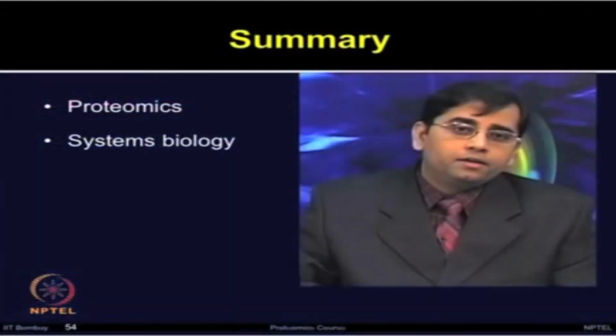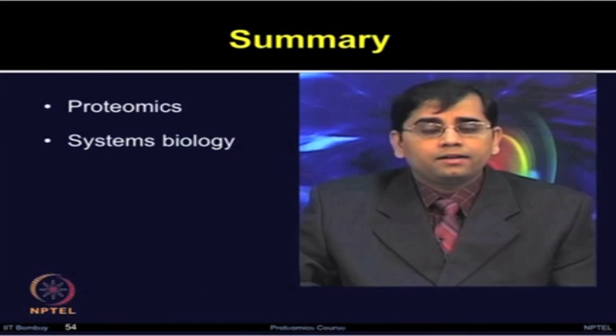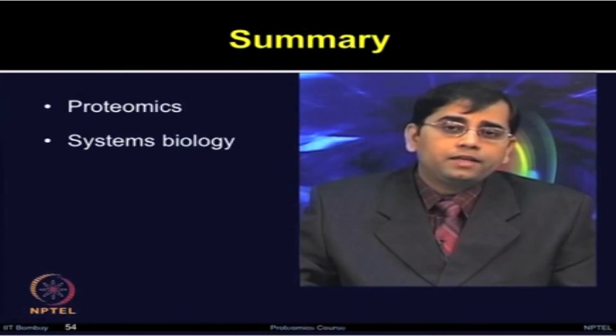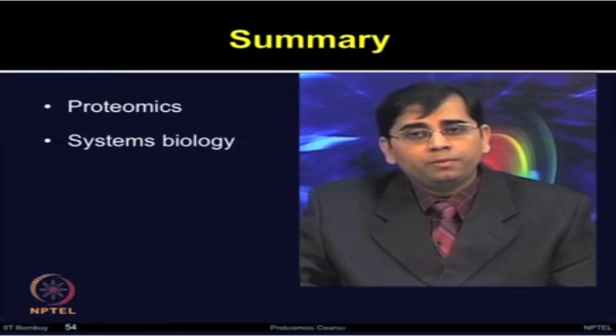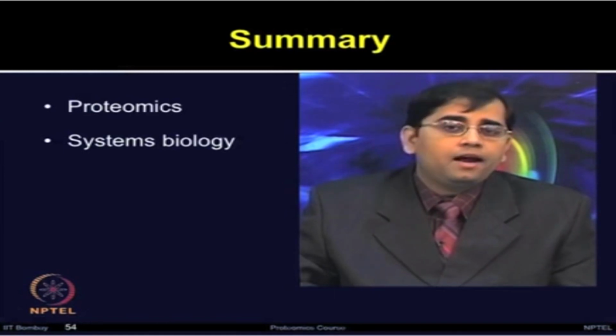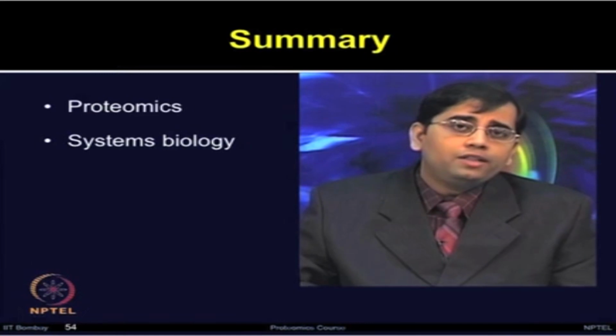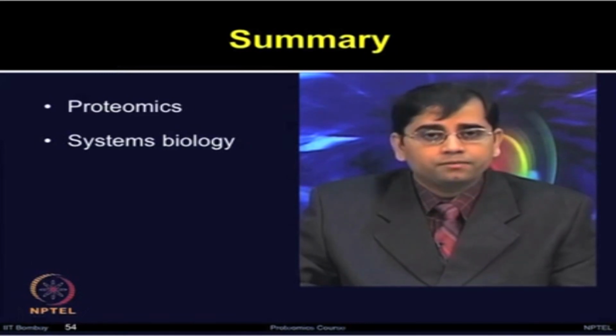So, in summary, today we discussed how the omics era, the technological advancement in genomics, proteomics and metabolomics, have generated large scale data sets in all the aspects of biology.